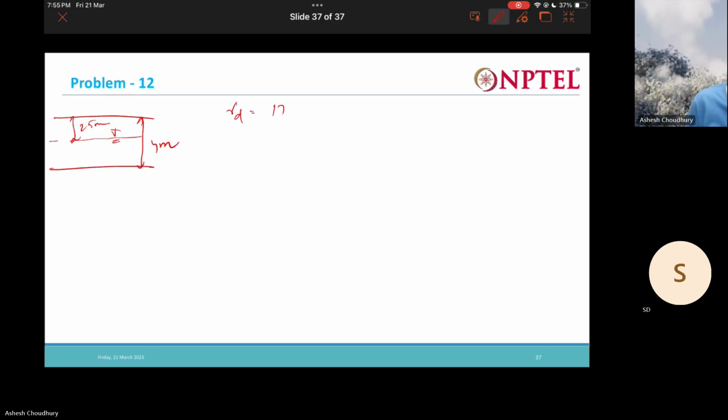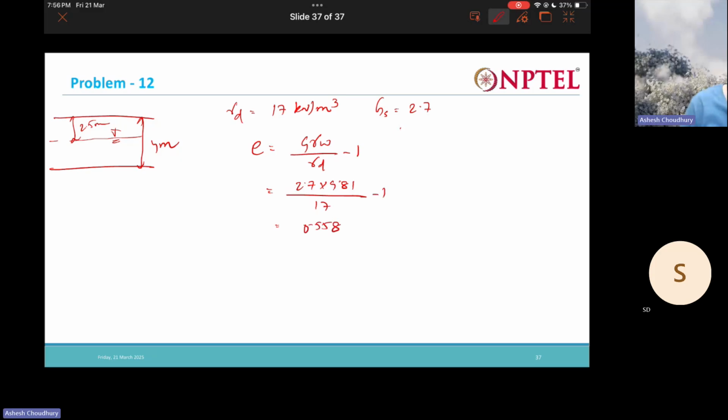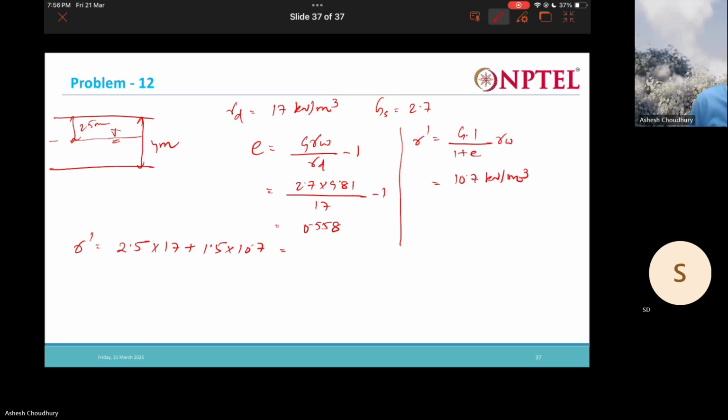Gamma submerged I can get, put all the values, and I will get 10.7. So the effective stress is 2.5 into 17 plus 1.5 times 10.7.